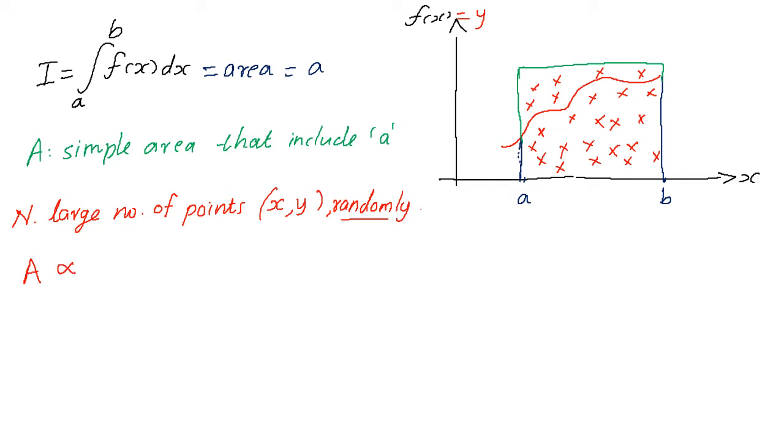The simple area A is proportional to the total number of points we selected, and the small area is proportional to the number of points n. What is n? n is the number of points that is inside the area of interest.